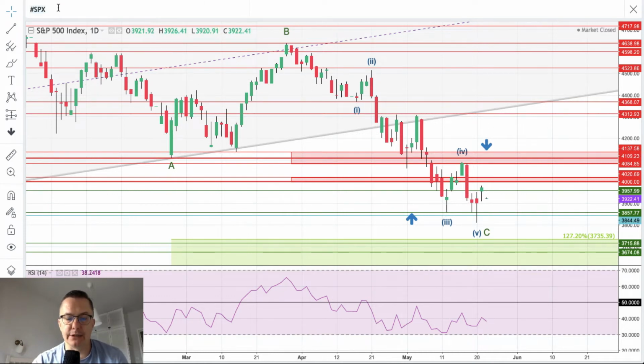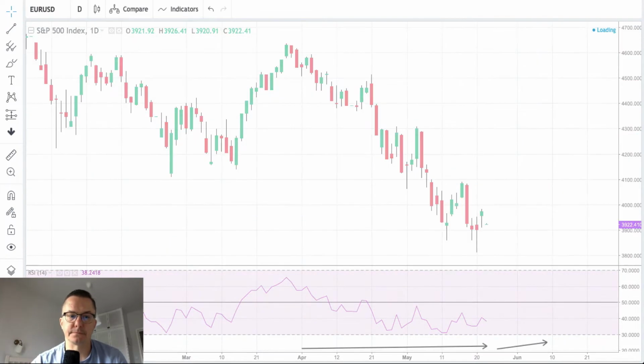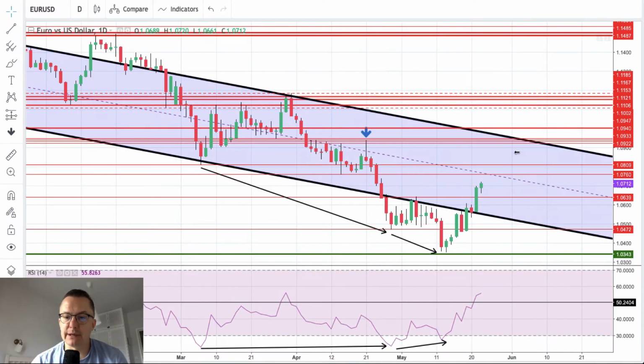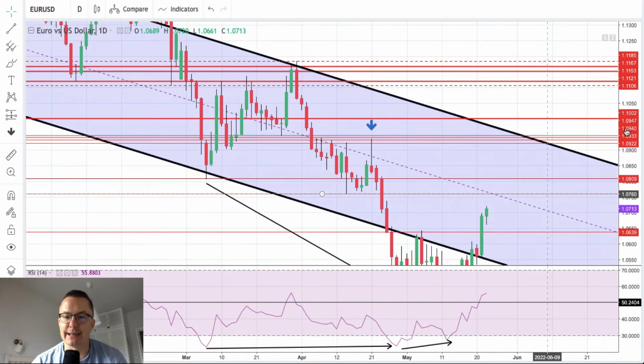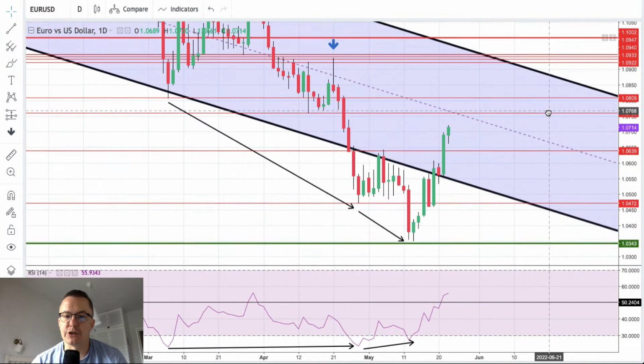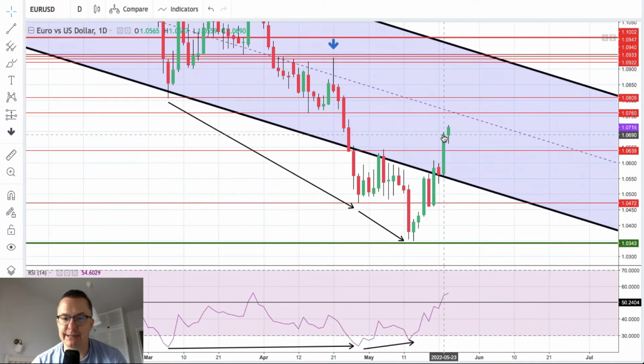Let's take a look at the euro dollar. The euro dollar market is rallying higher. Why? Because of the multi-day divergence, and of course the breakout towards the higher level, inside the descending channel. Very nice breakout to the upside yesterday. Big green candle closing above 1.0639.